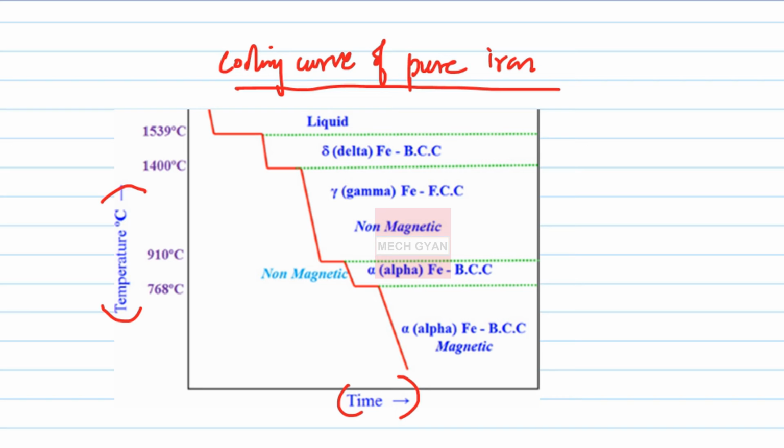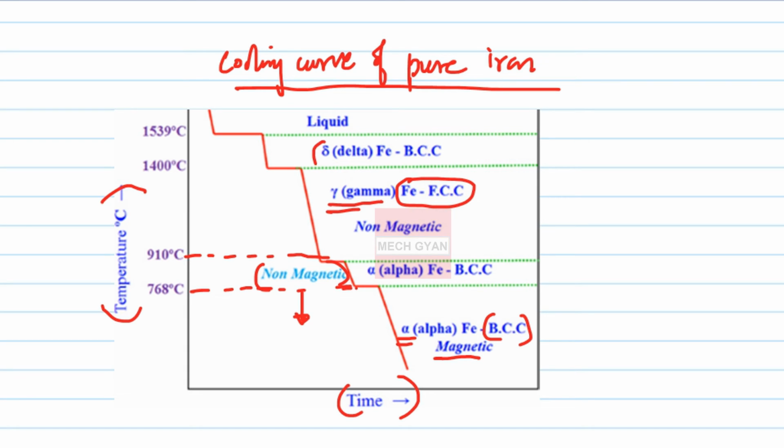As seen here, alpha iron is the magnetic allotrope of iron, which has a BCC structure. Alpha iron is non-magnetic in the temperature range 910 to 768 degrees, below which it is magnetic. The other allotropes are gamma iron, which has an FCC structure, and delta iron, which has a BCC structure.